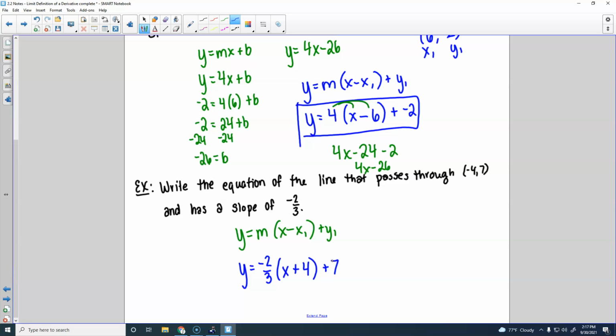Okay, you could simplify if it asked you to, but if it just says write the equation of the line, this is the equation of the line.